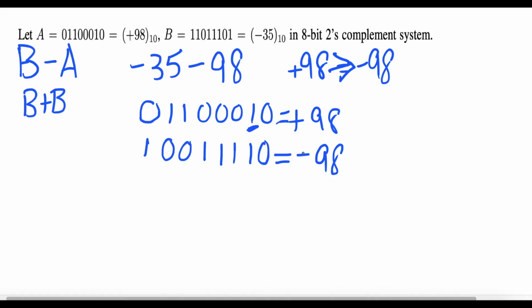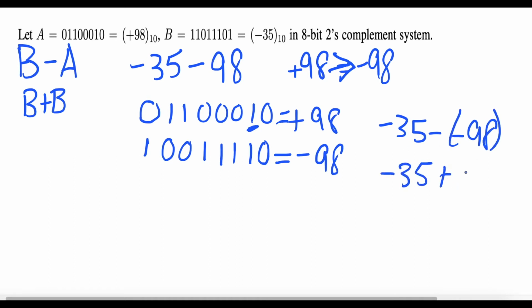Now, the reason why we have to do that is now we have negative 35 minus negative 98, and this now becomes negative 35 plus 98. So we end up getting our addition equation that we always wanted. Does that make sense? Now, we have negative 35 plus 98, so we can get into the addition portion.